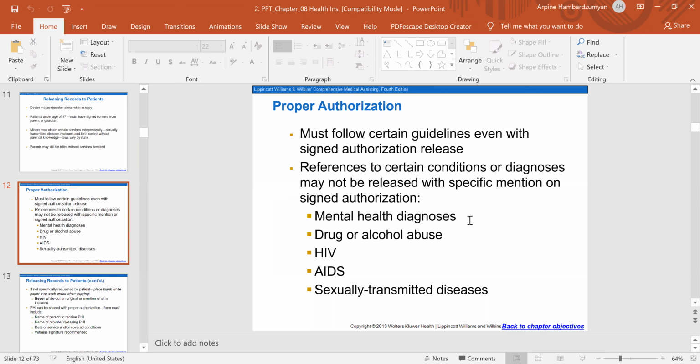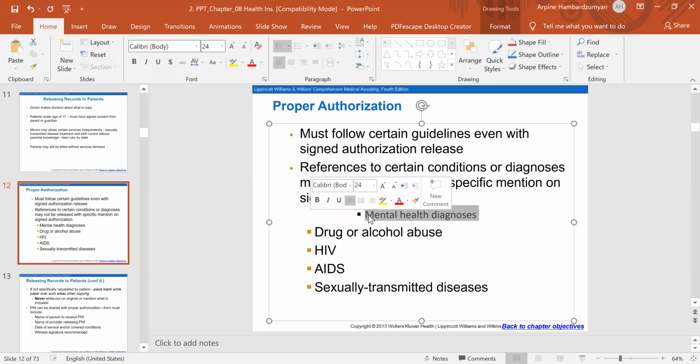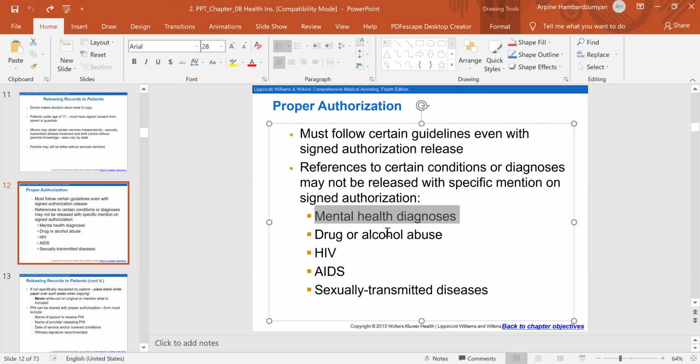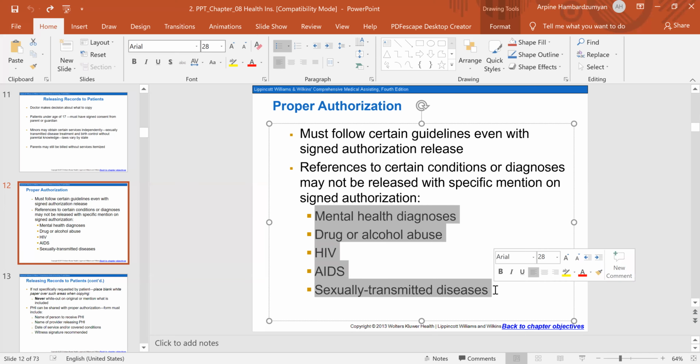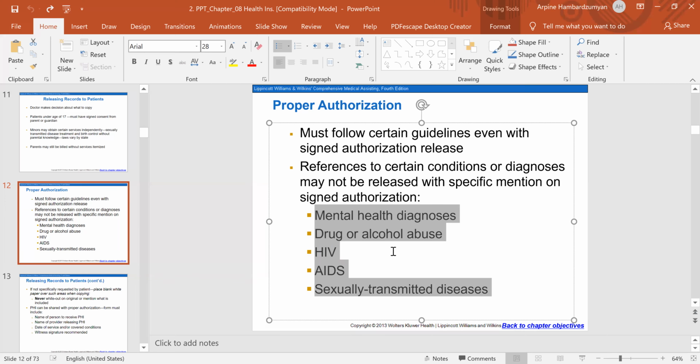And what do you do if the patient has mental illness, HIV, drug or alcohol abuse, or a sexually transmitted disease? You might be required to hide this information with white paper before sending a request for authorization. So there are special diseases that sometimes you might be required to keep secret.